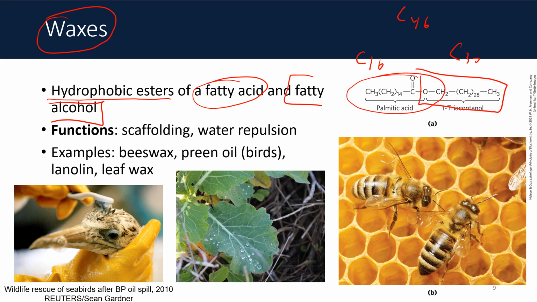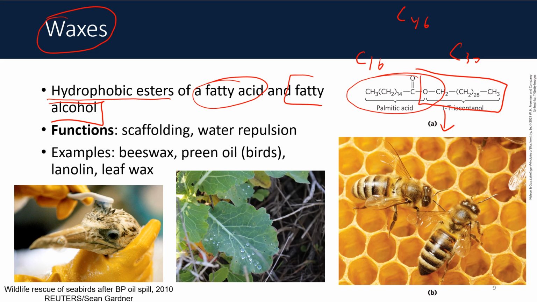And as a result, there's going to be a lot of van der Waals contacts between individual molecules of a wax, which is going to result in a very firm and stiff kind of an architecture. And that's useful for bees, for example, because this wax is the primary component of beeswax. It's what they use to build their hives.